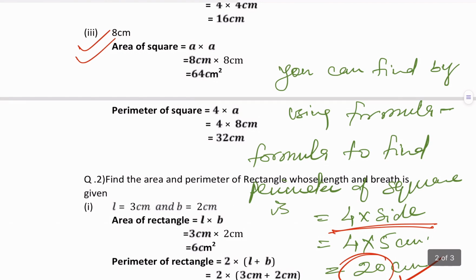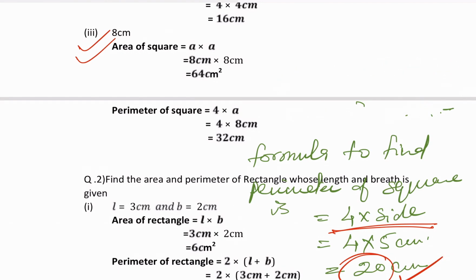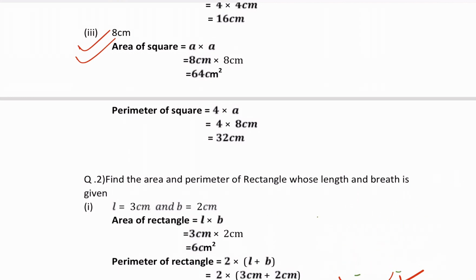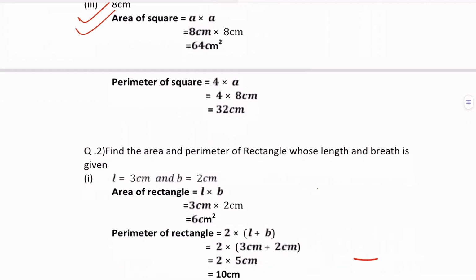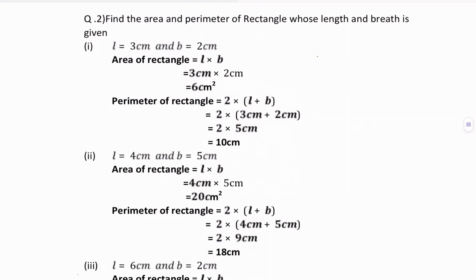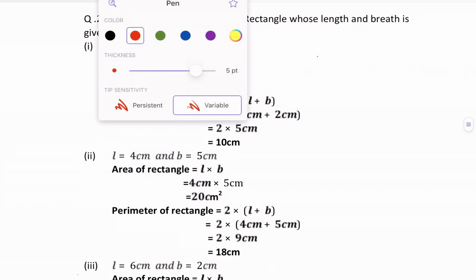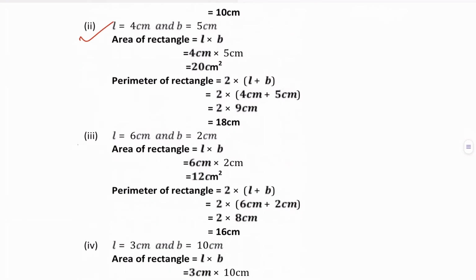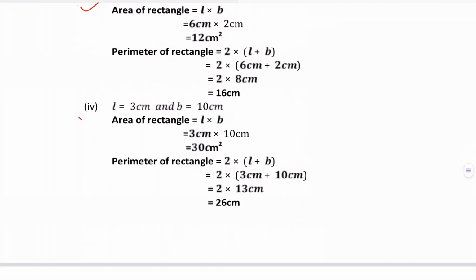And after that, find the area and perimeter of a rectangle whose length and breadth are given. This is the question. Write in your copy first, second, third, and fourth.